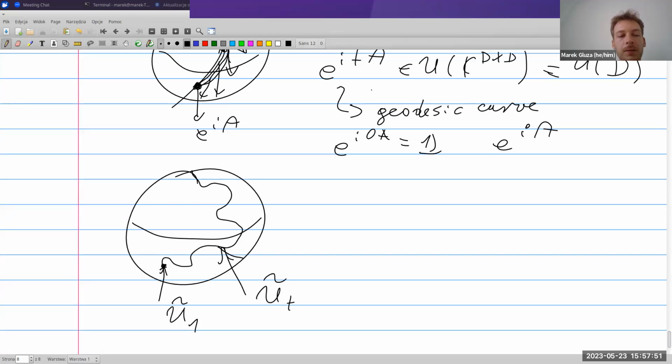But we want to approximate this u tilde 1, which is the solution to the Schrödinger equation driven by this time-dependent Hamiltonian H of t. We will be approximating this curve. I will take the ruler, and we want to approximate it by piecewise constant evolutions, like that.